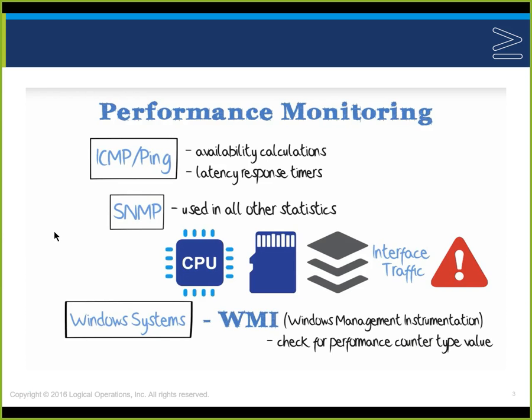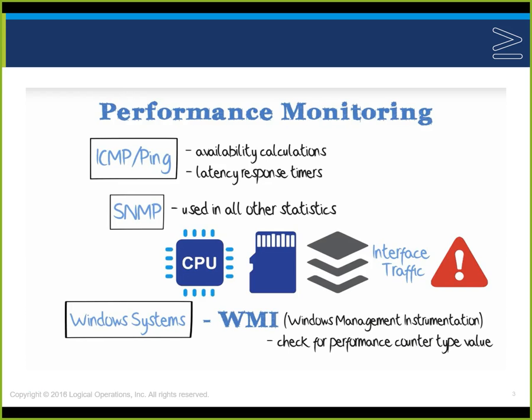For performance monitoring, the different things that we can use are ICMP ping, availability, latency, and response timers, and you can look at what is the response time, what is the latency. Is the device up as long as it's responding to pings? So we can use it for availability.